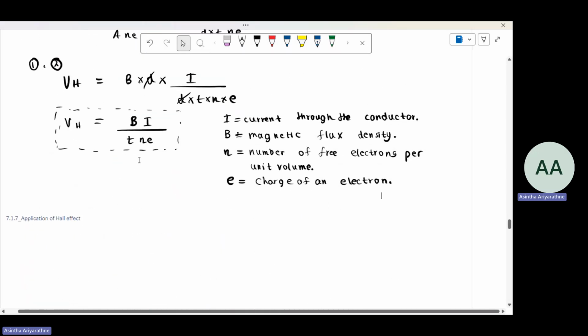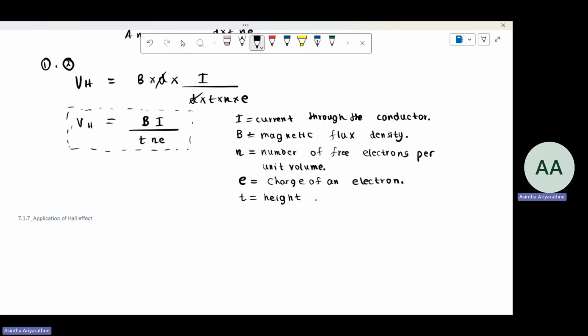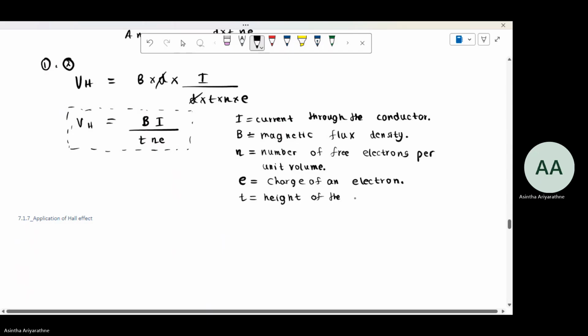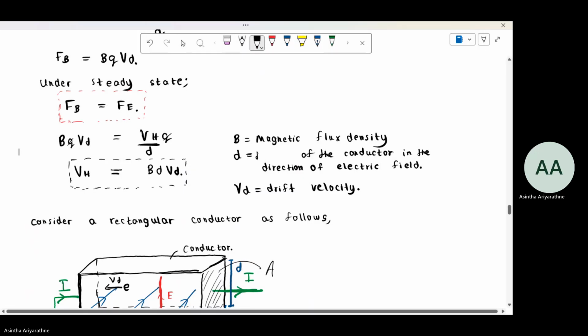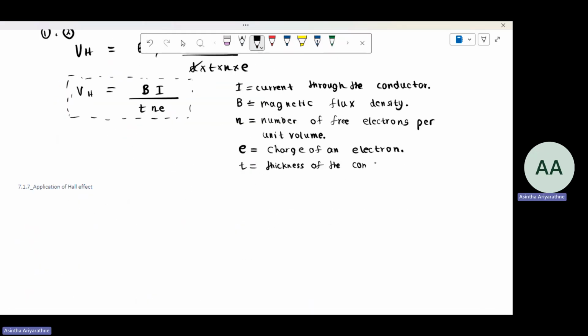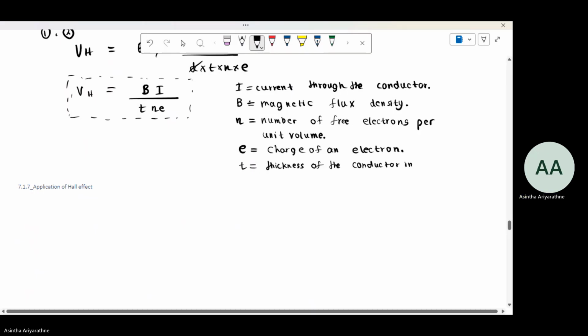Now it is in the direction of the magnetic field. t is the height, or thickness, of the conductor in the direction of the magnetic field.